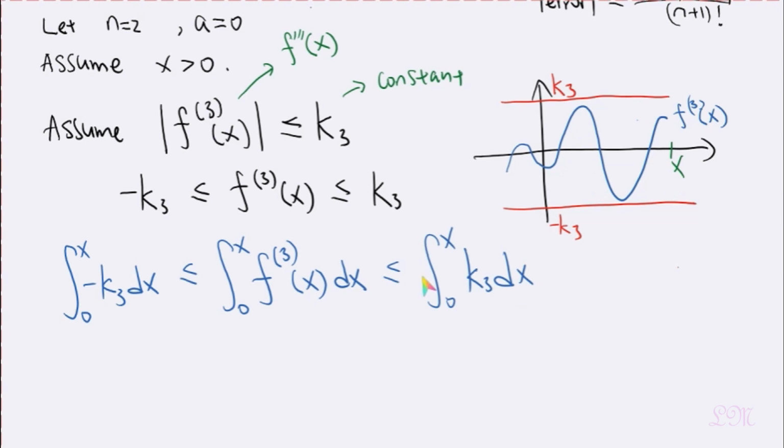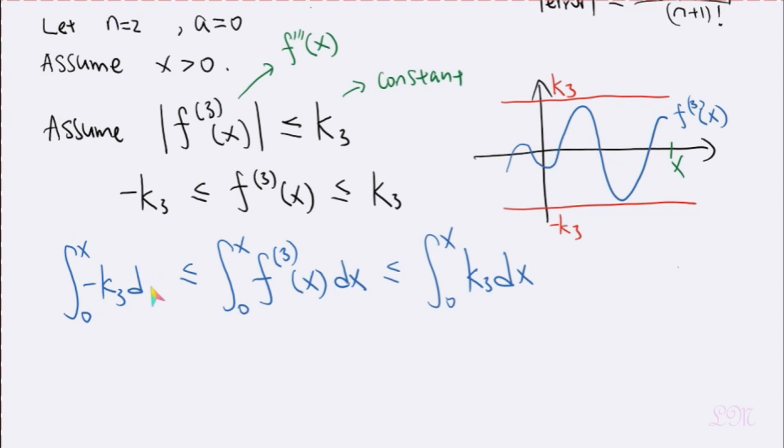And the third integral on the right side here represents the area of this rectangle. Finally, the integral in the middle here represents the negative area here, plus this area, minus this area, and plus this area.